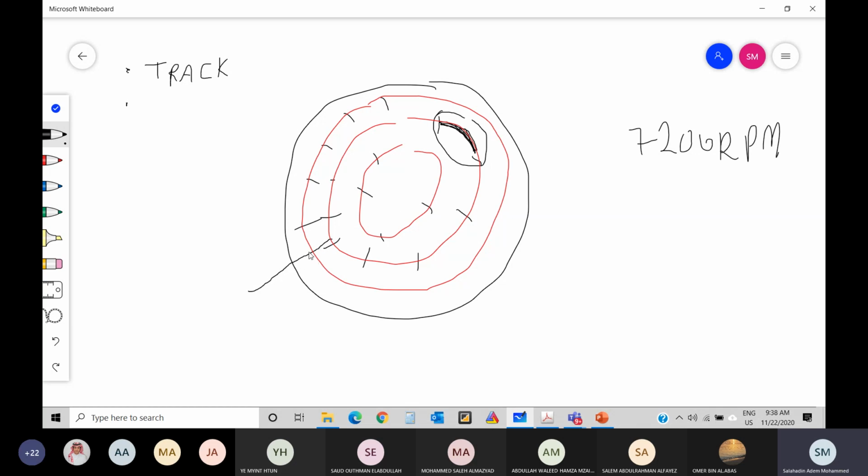Maybe it was somewhere else first. So first of all, I have to move the arm into the right track. Are you with me, guys, or not? Yes. So once the arm moves, you saw the arm in the video I showed you, how the arm moves from one track to another track. You saw it, right? Yes. So first of all, you have to wait until the arm moves into the right track. Once it moves into the right track, it has to wait there until what, guys?